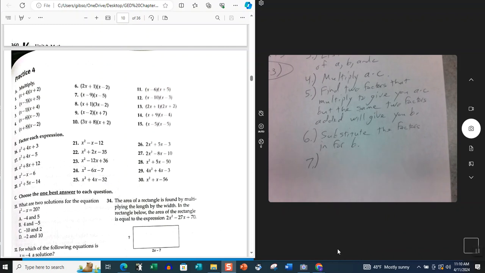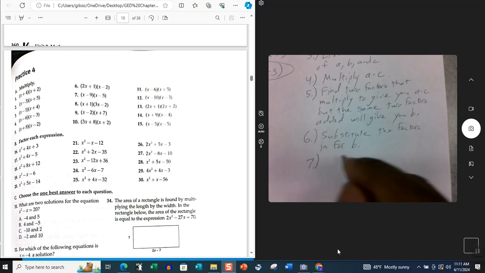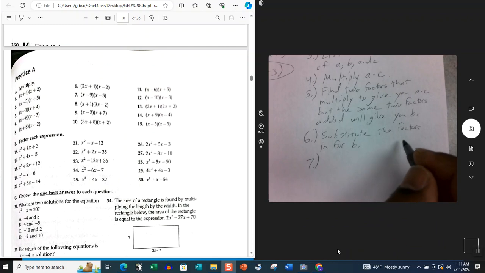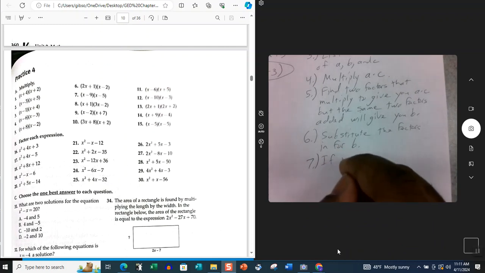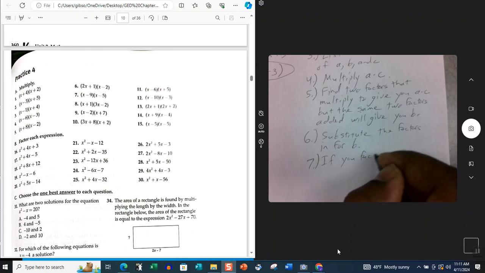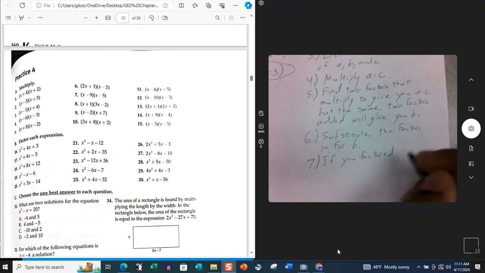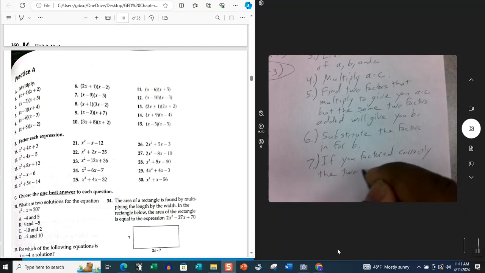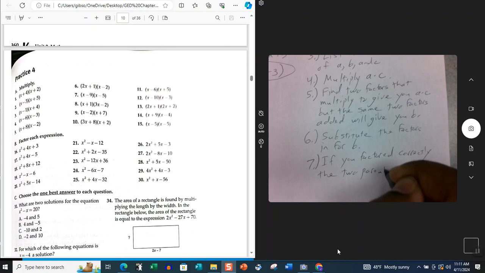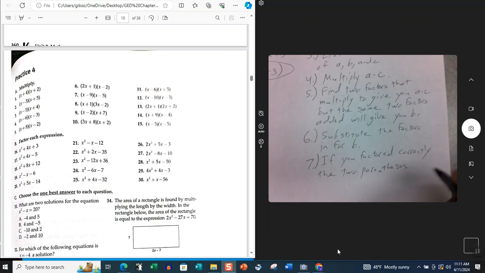Number 7, if you factored correctly, the two parentheses should be the same.